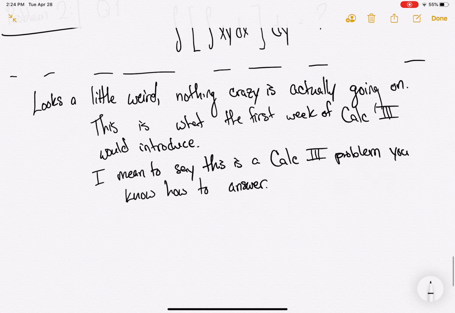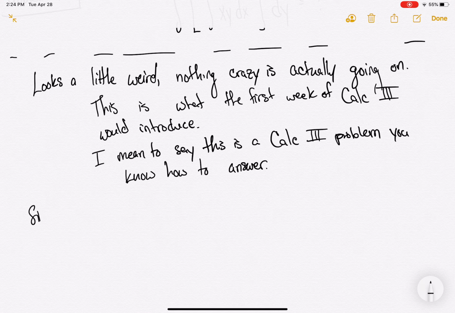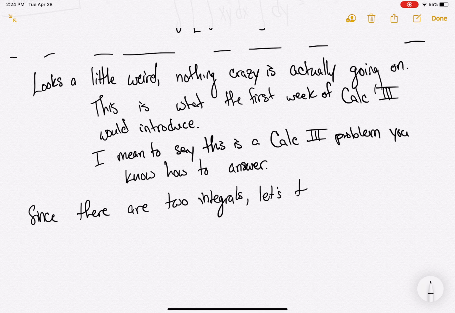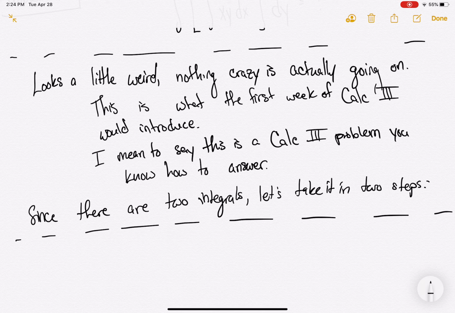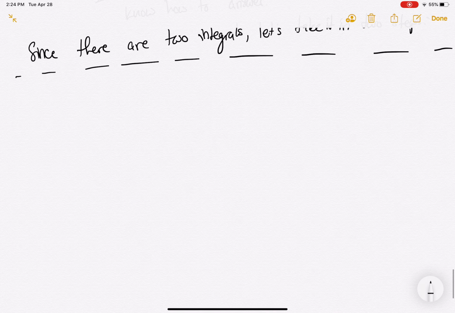So let's just take it in 2 steps. Since there are 2 integrals, let's take it in 2 steps. Step 1, we're just going to integrate xy dx.